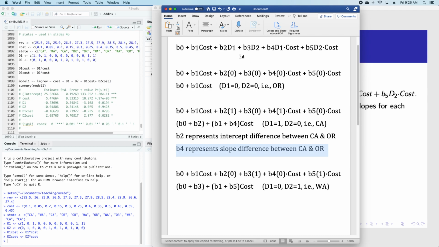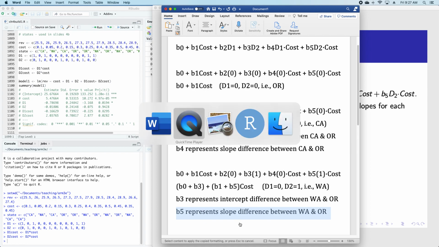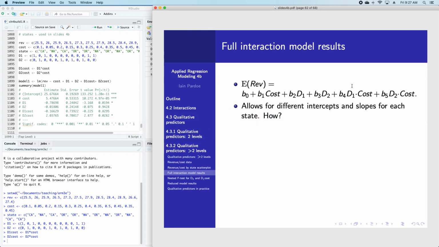So you should be able to see a similar phenomenon going on with b3 and b5. b3 is the difference in intercept between Washington and the reference level, Oregon. And b5 is the difference in slope, with respect to cost, between Washington and Oregon. Okay, so that's the sense in which this model allows for different intercepts and slopes for each state.